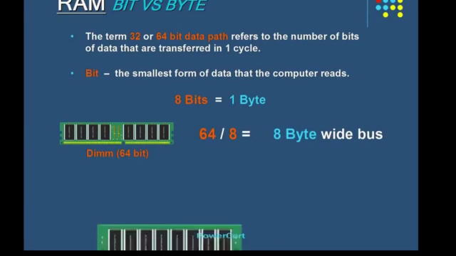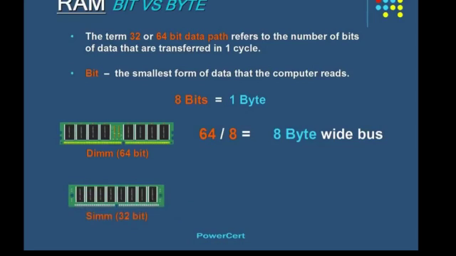And if a memory SIMM is rated to have a 32-bit data path, then that means that it has a 4-byte wide bus, because 32 divided by 8 equals 4. So that's why DIMMs are faster than SIMMs. Now this information will be useful in an upcoming lesson on how we determine the exact bandwidth of memory modules.